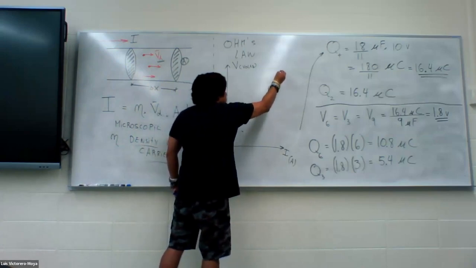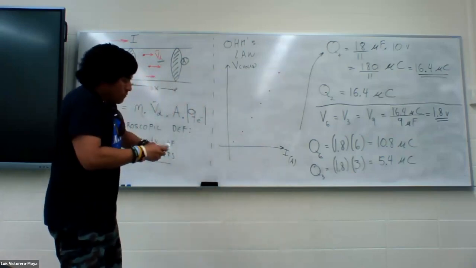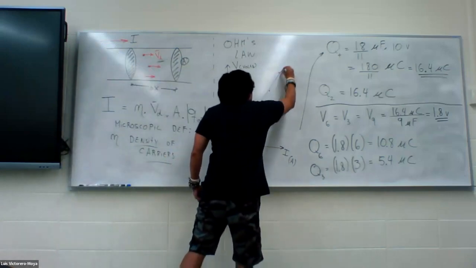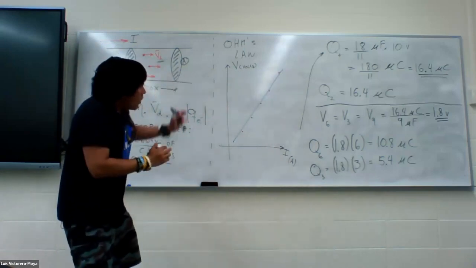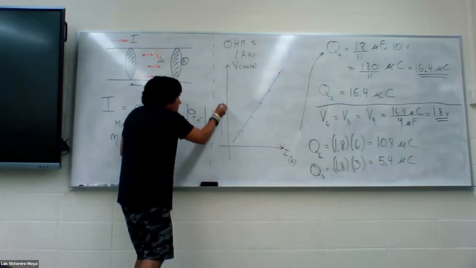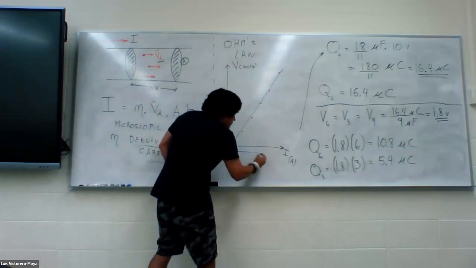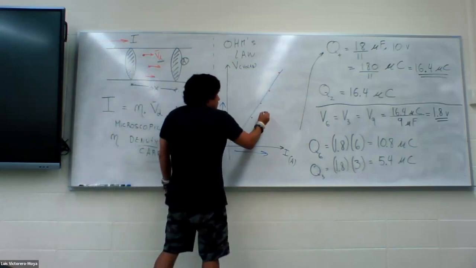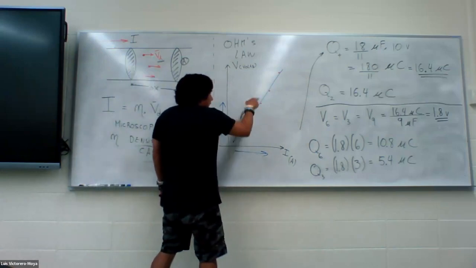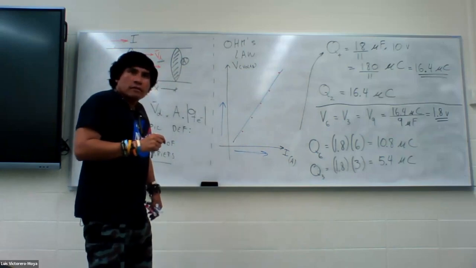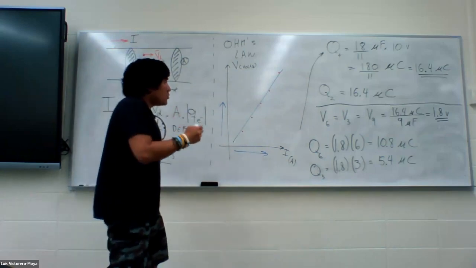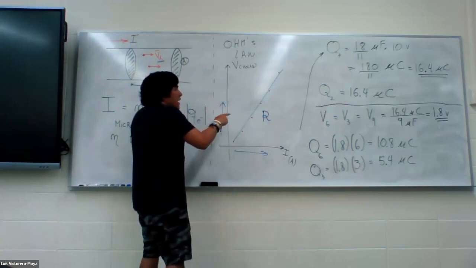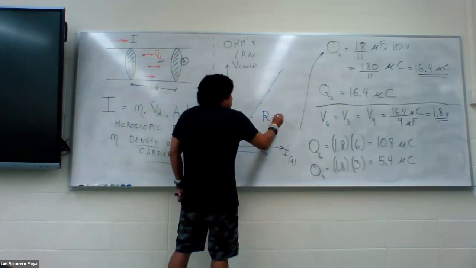So what do we see here? We see a linear trend. As the voltage increases, the current increases. That means the rate of change is constant. And what is the rate of change? That is your value of R. And what's R? That's the resistance.